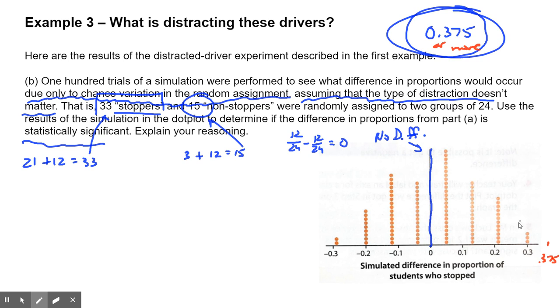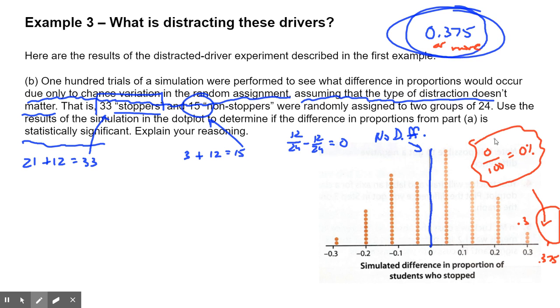So the highest number is 0.3. 0.375 never even occurred. So this happens 0 out of the 100 times by chance. It happens 0% of the time by chance alone. There are no dots here to count.